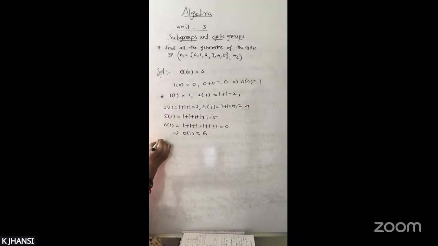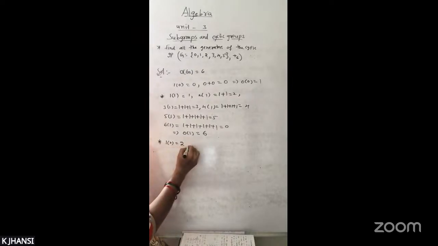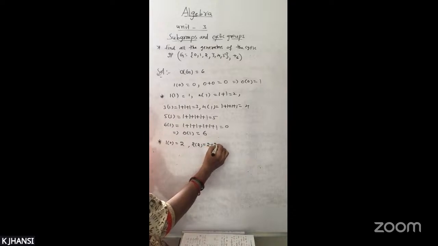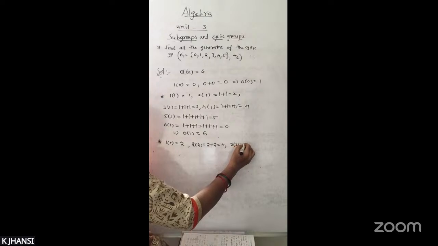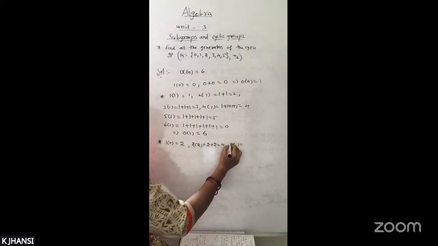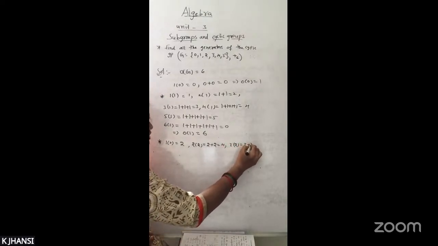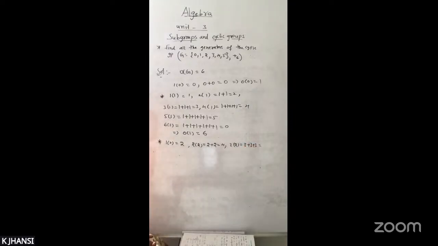Next, if you take 1 of 2, that means 1 time of 2 is 2. Next, 2 times of 2 means 2 plus 2, which is 4. Next, 3 times of 2 is 2 plus 2 plus 2, which is 6, and 6 is 0.